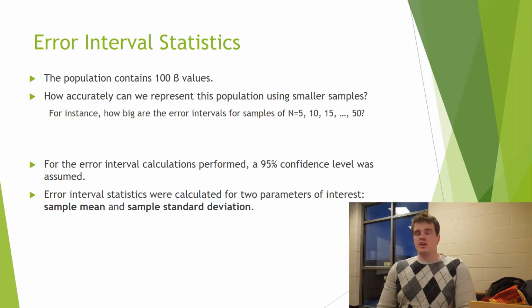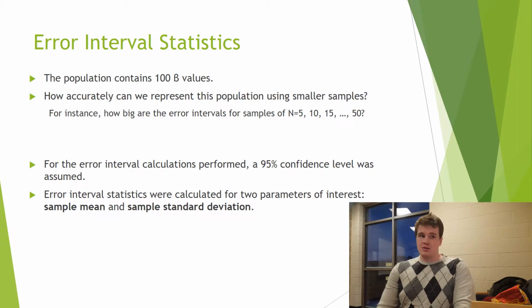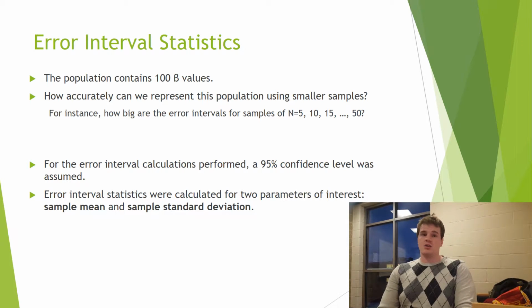And this same principle could be used for a sample of 5, sample of 10, sample of 15, all the way up to 50. For these calculations, we assumed a confidence level of 95%, and we calculated statistics for 2 parameters of interest, which were sample mean and sample standard deviation.